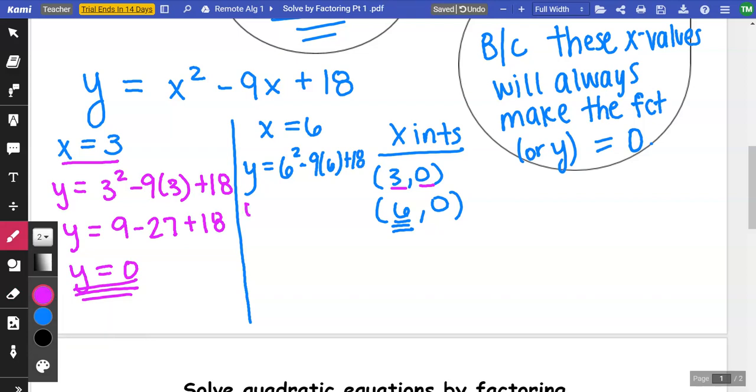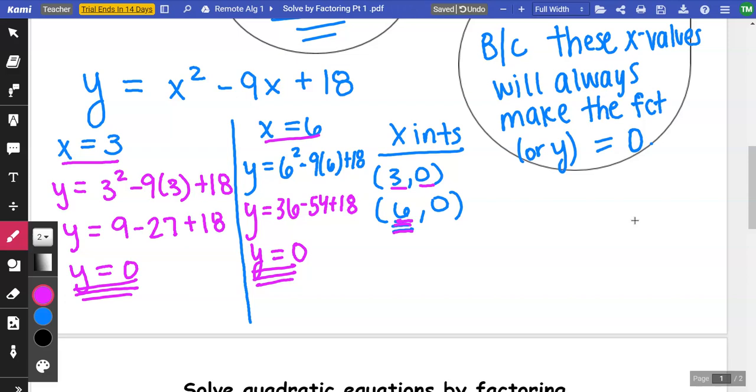I'm going to switch to purple. Y is equal to 36 minus 54 plus 18. And when you add that all up and subtract the 54, you should end up with 0. Well, check it out. Y is equal to 0 when x is 6. Does that match the point? The x value is 6, the y value is 0.